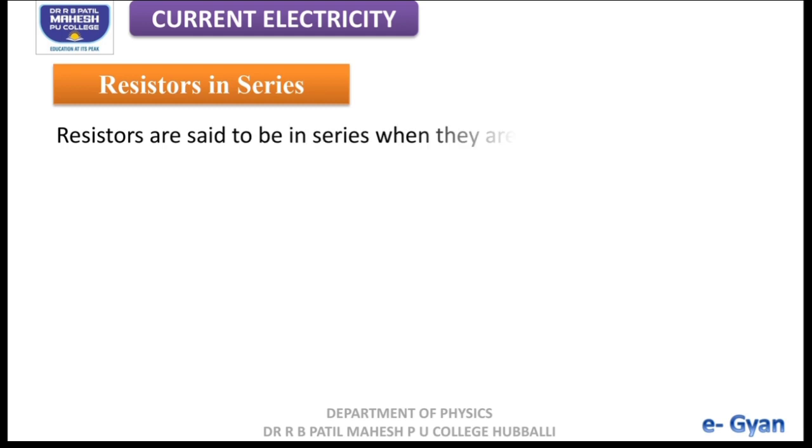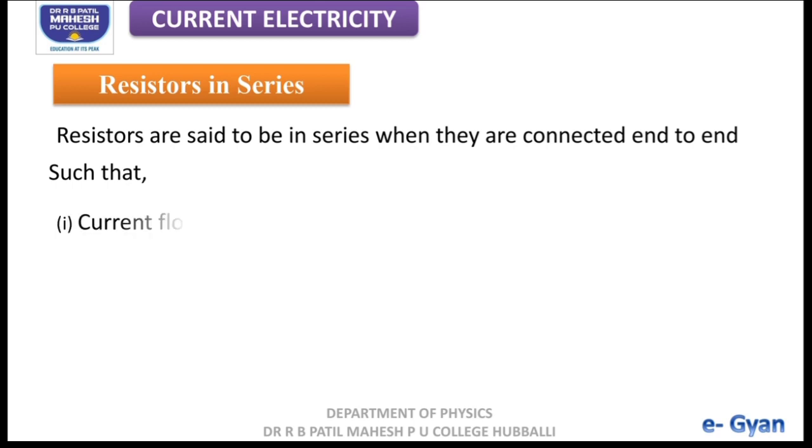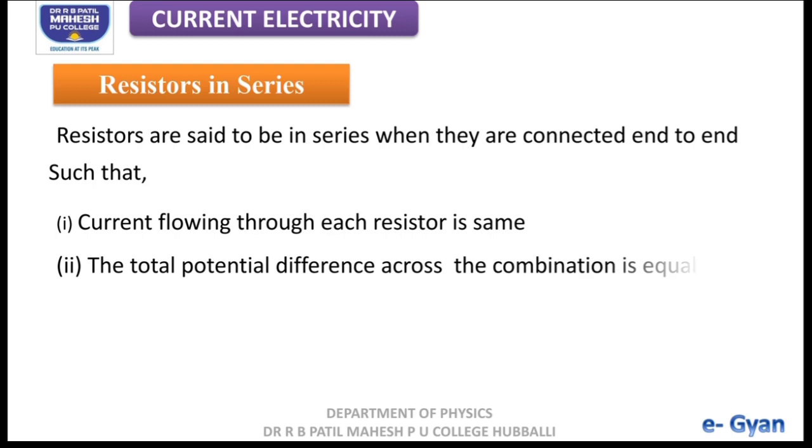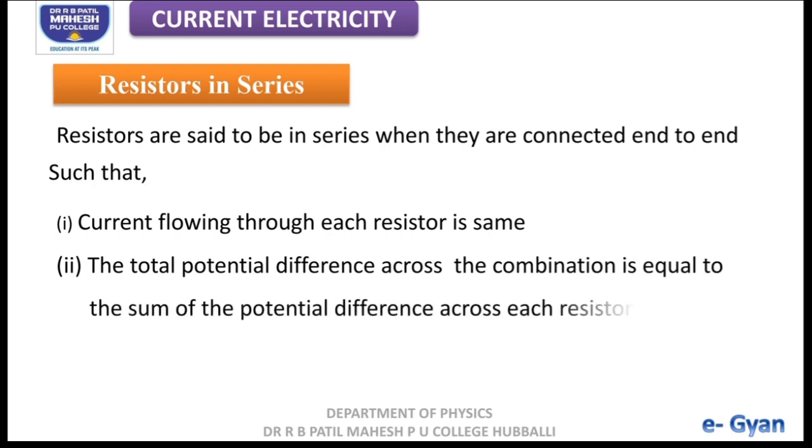Resistors are said to be in series when they are connected end to end such that the current flowing through each resistor is the same and the total potential difference across the combination is equal to the sum of the potential differences across each resistor. Okay, in this combination, the current through each resistor will be the same. Why will it be the same?